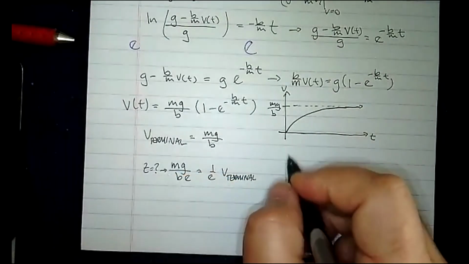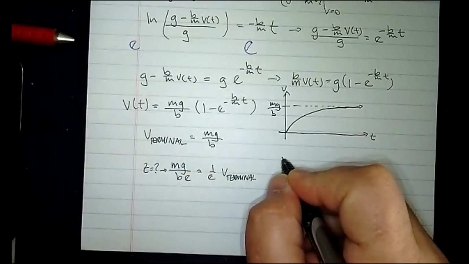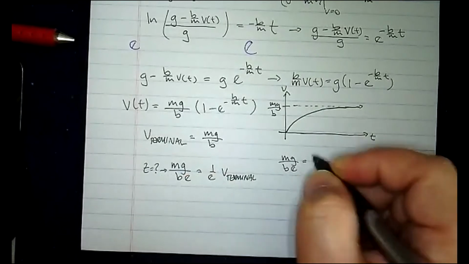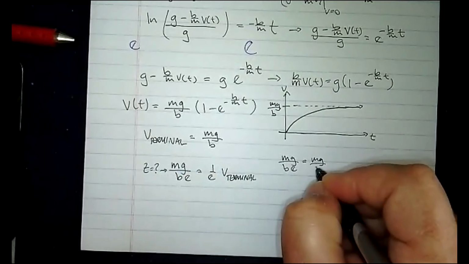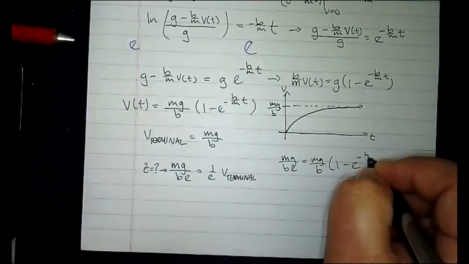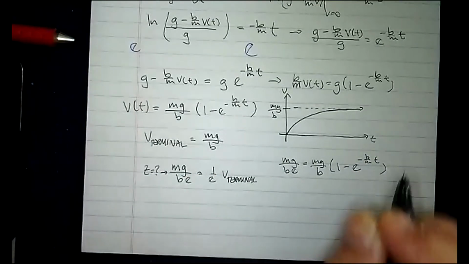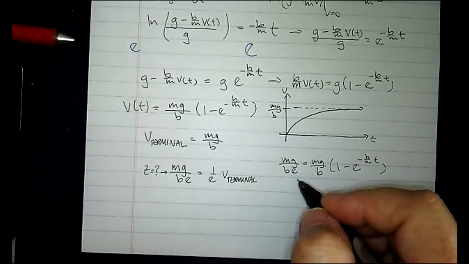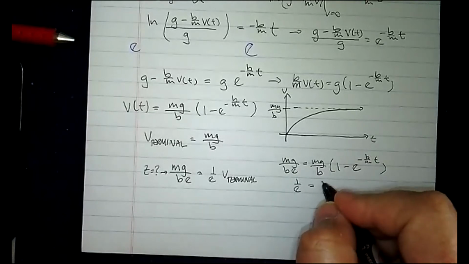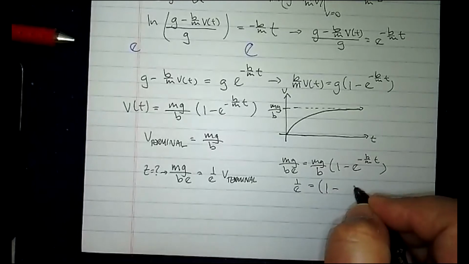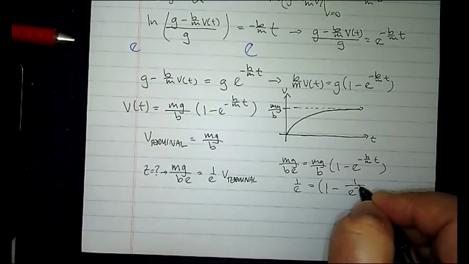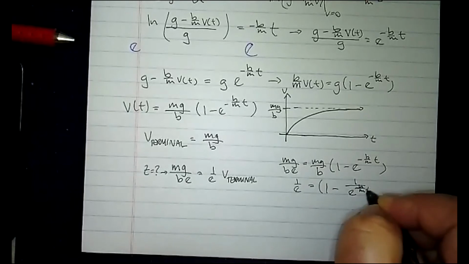Okay, so let's do that. Let's write on this side, we'll say mg over be is equal to mg over b times 1 minus e to the negative b over m t. We can see now that the mg over b's cancel out, and I'll get 1 over e is equal to 1 minus 1 over, notice how I write it this time, e to the positive b over m t, like that.